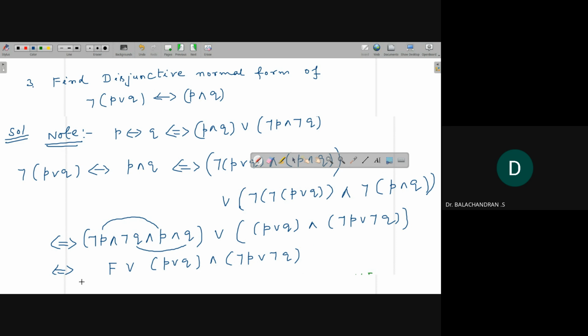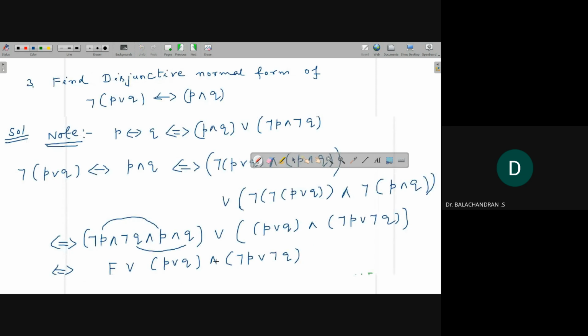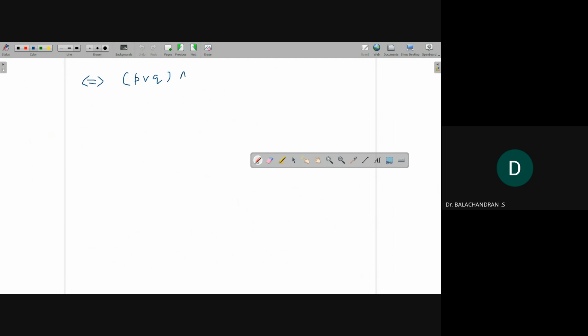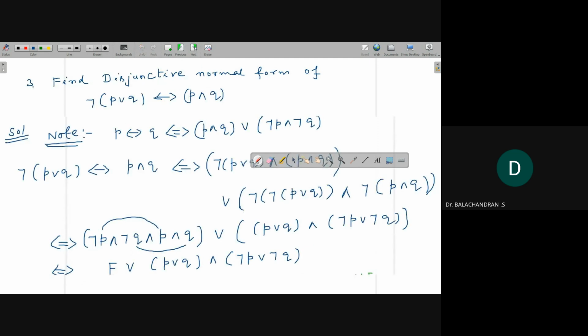So this is equivalent to, I'll write in the next step, P or Q, P or Q and negation P or negation Q.